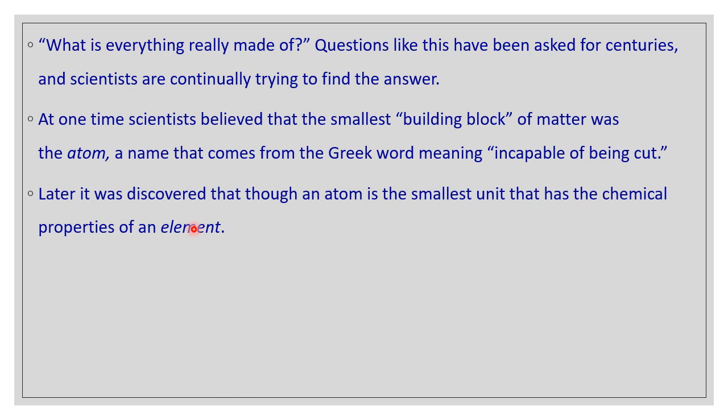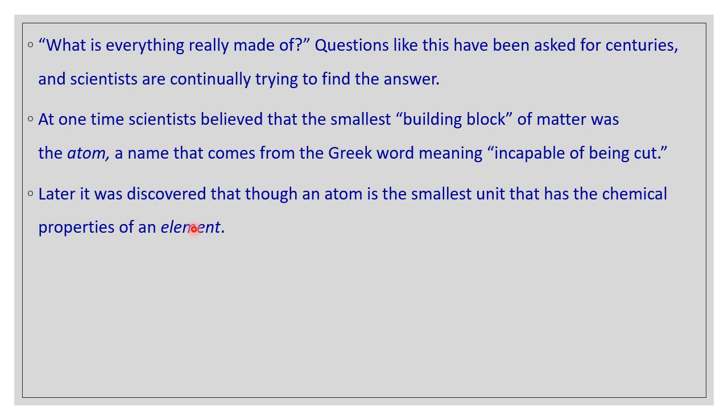I am using one more word, substance, in place of matter, because the correct meaning in science is that the pure form of matter is called a substance. Why is it called the pure form of matter? Because an element is made up of only one kind of atom. If it contains 10 lakh atoms, all 10 lakh are the same, not a single atom is different.